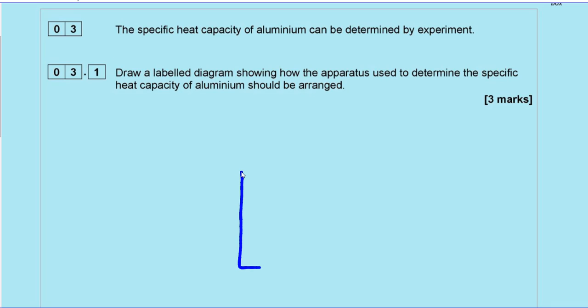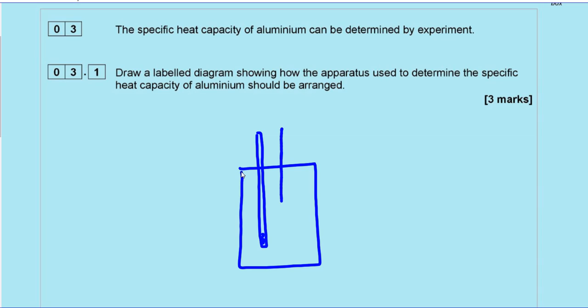So remember, we have got a specially prepared aluminium block, which has got 2 holes drilled in it already. There is one into which we can place a thermometer, and there is another slightly larger one into which we can place an immersion heater. That immersion heater will need to be connected to a power supply.